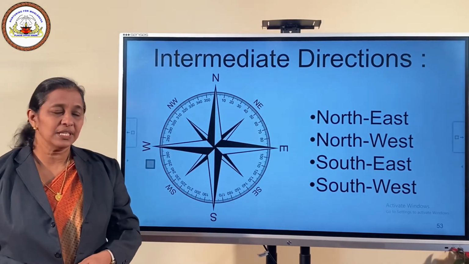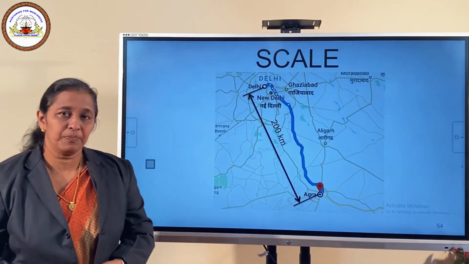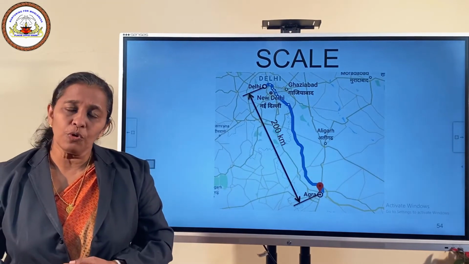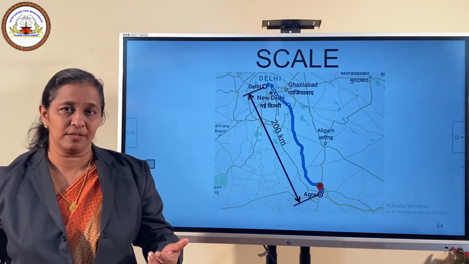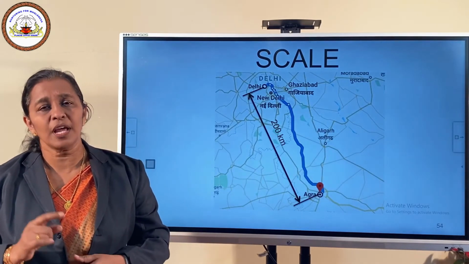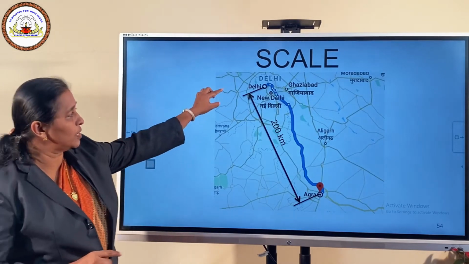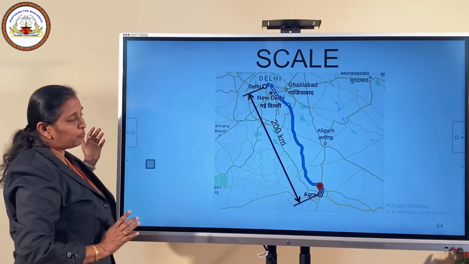Second one, scale. Scale of a map. It is not possible to show the actual size of the earth on a map because it is too large. Let us suppose the ground distance between Delhi and Agra is 200 km.